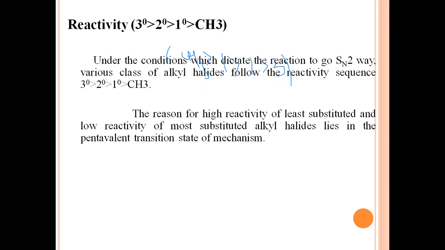The reason for high reactivity of the least substituted and low reactivity of the most substituted alkyl halide lies in the pentavalent transition state of the mechanism. Methyl chloride is the least substituted and the tertiary alkyl halide is the most substituted.